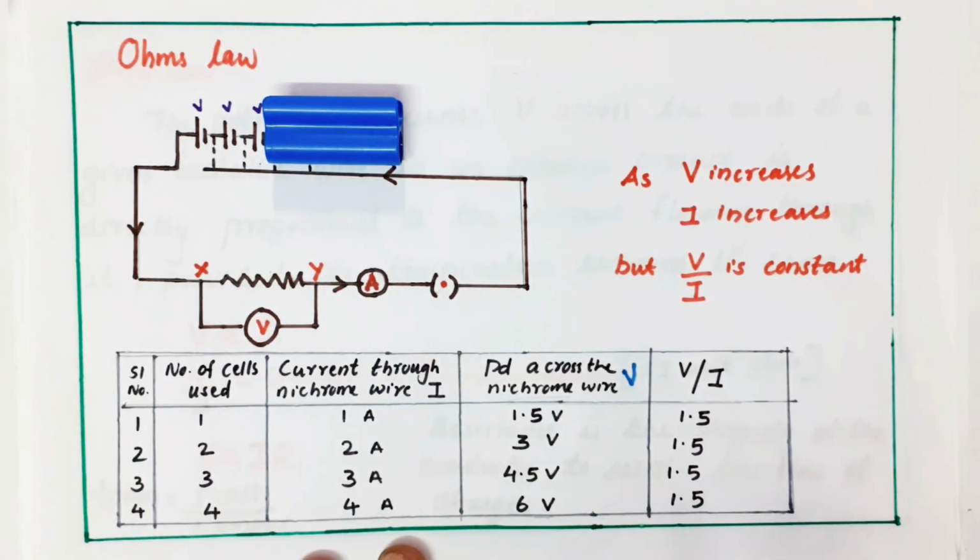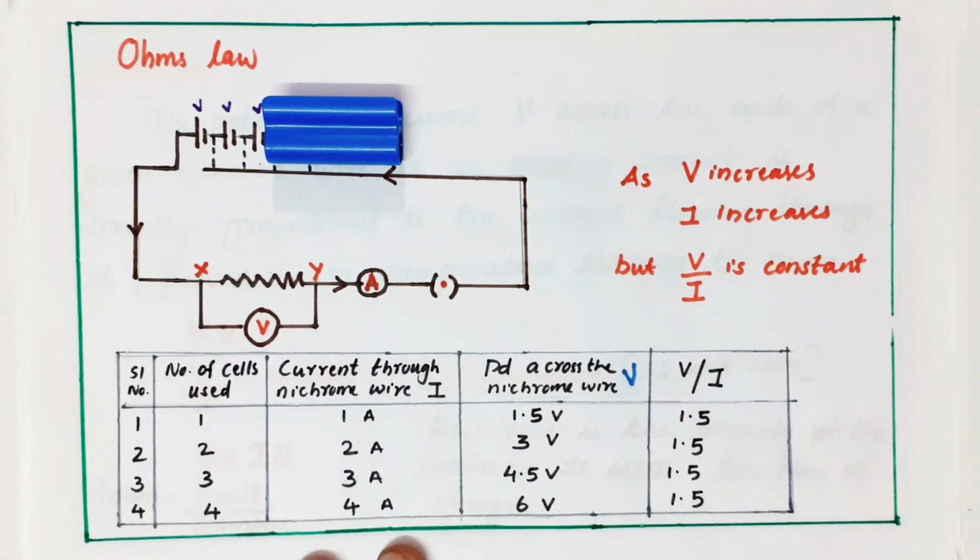Then you take 3 cells. If you take 3 cells, you can see that current as 3 ampere and your voltage as 4.5 volt, and the V by I got it as 1.5. Instead of that, we use 4 cells, means we will get 4 ampere, 6 volt and 1.5.